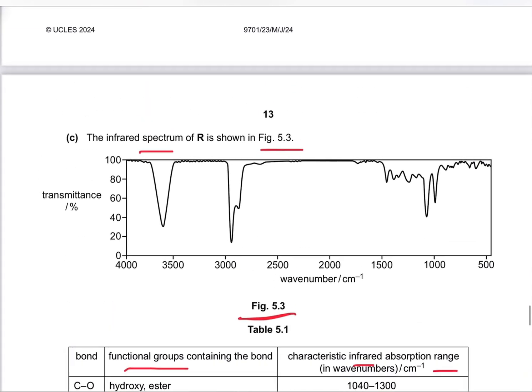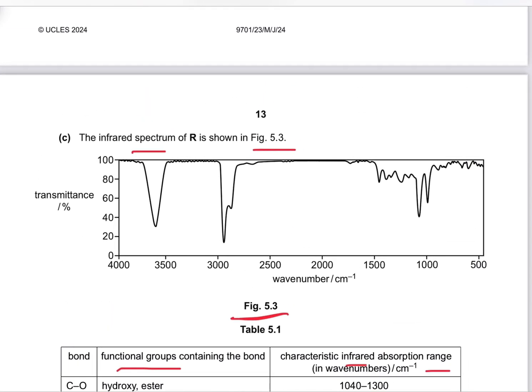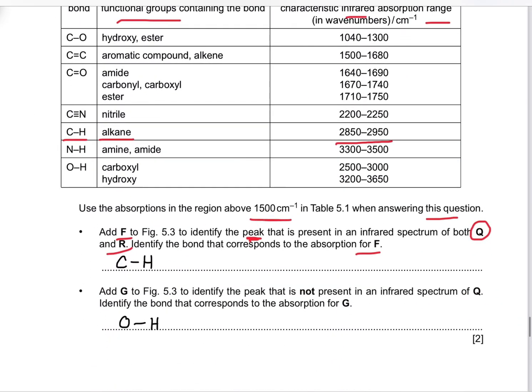So for F, from the figure 5.3, we have a peak at 2900 for F, and for this the bond is carbon-hydrogen bond, which is present in both Q and R. So the answer will be carbon-hydrogen bond.